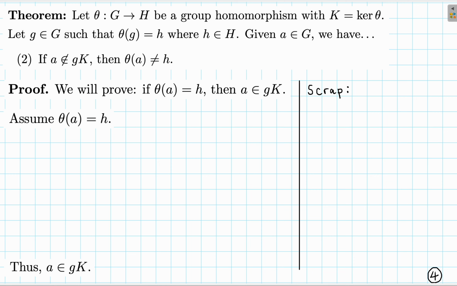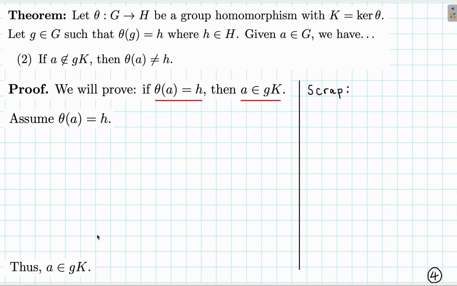So as we typically do in scenarios like this, let's work with its contrapositive. So instead, we'll prove if theta of a equals h, then a is an element of gK. And we've already identified the hypothesis and the conclusion and written those down as the first step and the last step of our proof.